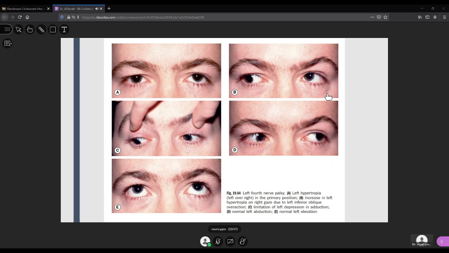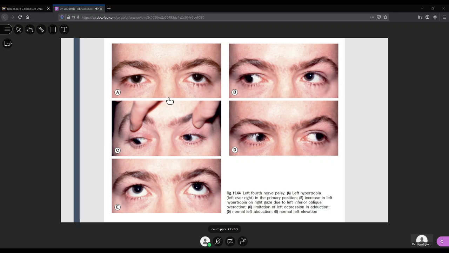Now هذا البرايمري بوزيشن، هذا اللي قلنا الليفت هايبرتروبيا عندي. ليش؟ لأن عندي left fourth nerve palsy. فيو كان سي هير عندي السكليرال slightly scleral show، فمعناته عندي الليفت eye is slightly elevated because of the lost superior oblique action.